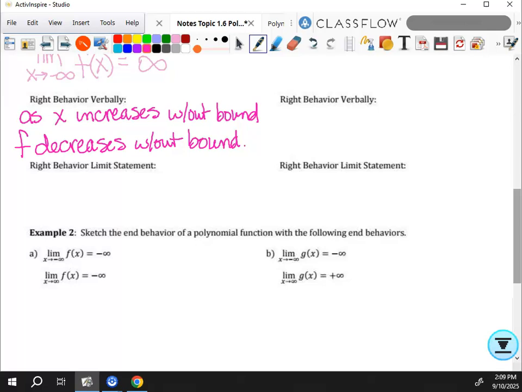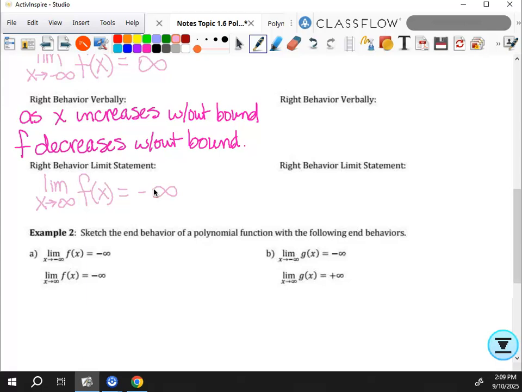Does that make sense? Okay, so then our limit notation: lowercase lim, directly underneath that, x approaches infinity. Then in front of that, the name of the function, f of x, and that would equal what? Negative infinity. Good.